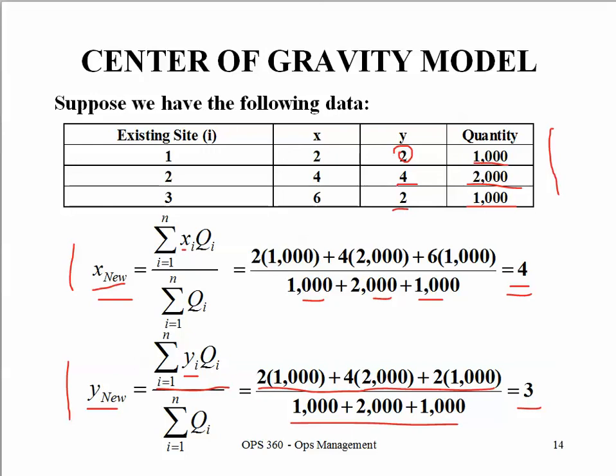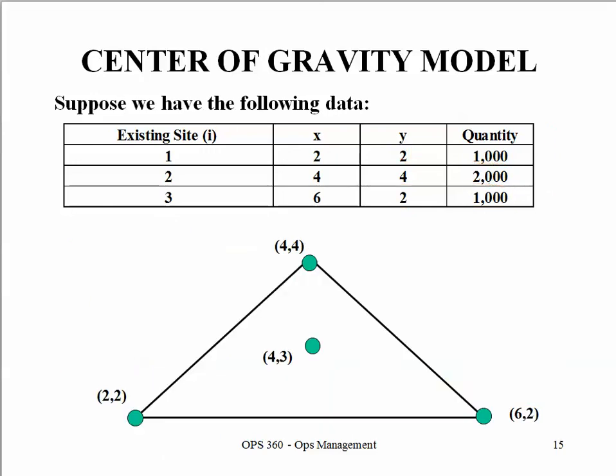So what does that look like? If I go back to my graphical representation, here's my new facility right here. So these are the existing facilities. Again, we saw that existing site number 2 had the most being shipped between it and my proposed new facility.